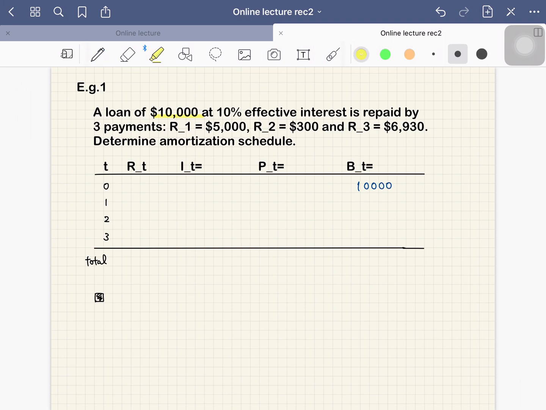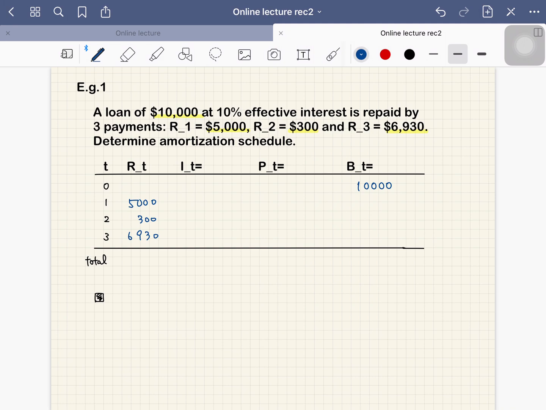The repayment amounts are 5,000, 300, and 6,930. Then recursively we can calculate the interest repaid, principal repaid, and balance at times 1, 2, 3.